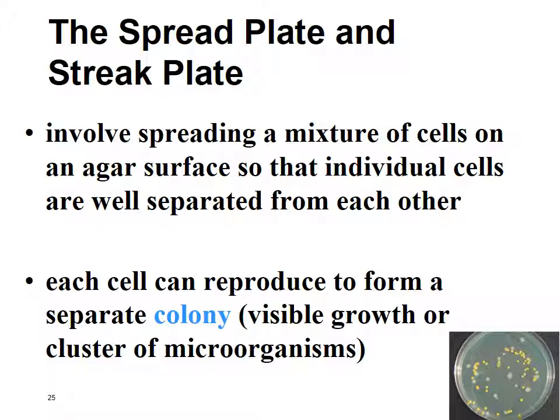If too concentrated, the colonies will all merge together, and this is referred to as a lawn of bacteria or confluent growth. Each colony is often referred to as a colony forming unit or CFU. We'll be looking more at this in our prac classes. So the successful technique really depends on the spatial separation of single microbial cells.